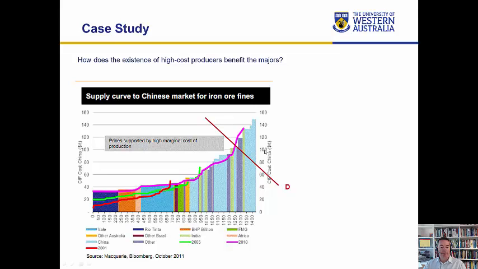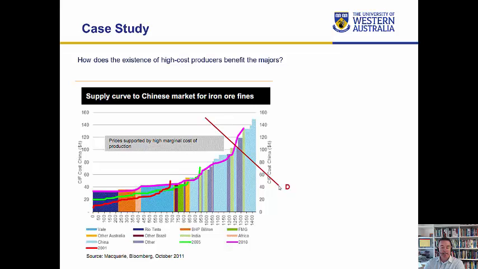And so once again we've got this supply curve, or this marginal cost curve, which is just created by ranking all of the different producers from lowest to highest, and we get this global iron ore cost curve. I've just imposed a demand curve here, and I've put that demand curve in a fairly arbitrary place just to get the principle across.